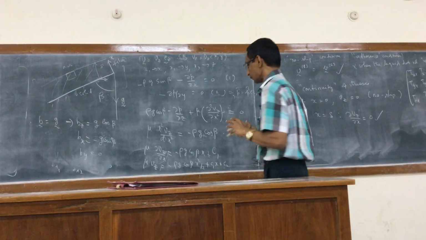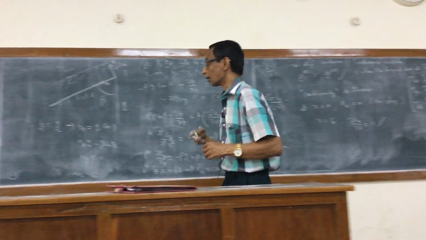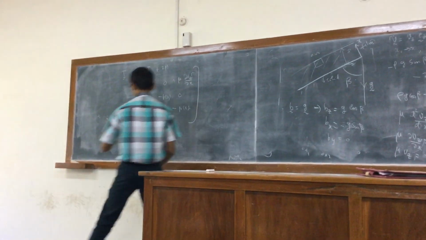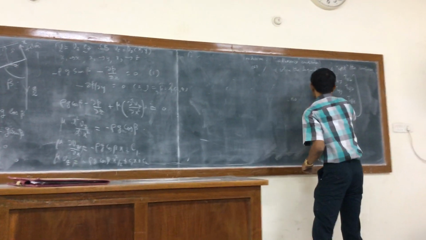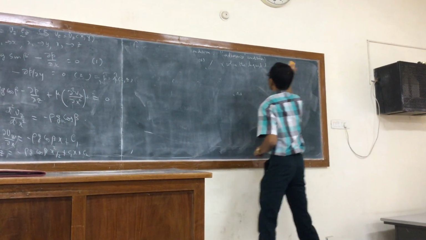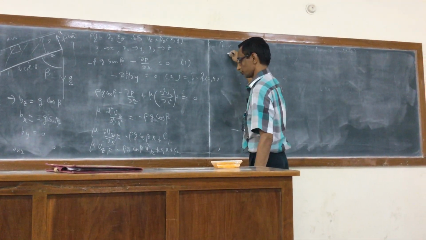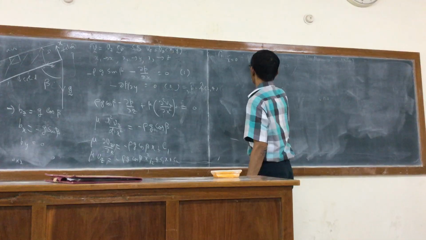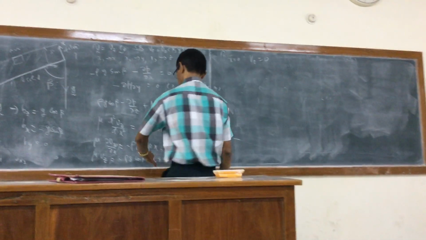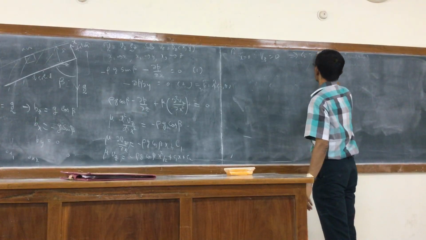So with these, we can now arrive at the solution. The solution will be given by simply solving for C1 and C2. At x equal to 0, Vz equal to 0, that means C2 is equal to 0.